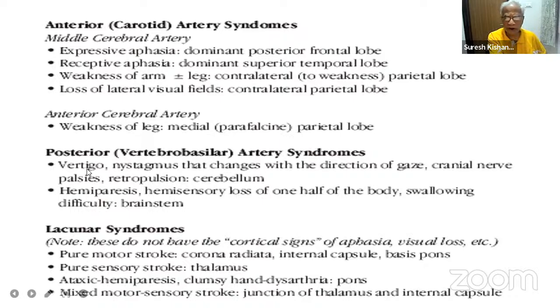Posterior artery syndromes include vertigo, nystagmus, hemiparesis, and hemisensory loss. Lacunar syndrome results in pure motor stroke, that means there is a lot of muscle weakness, or pure sensory stroke. Next.